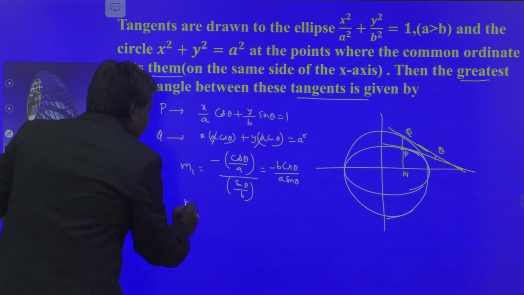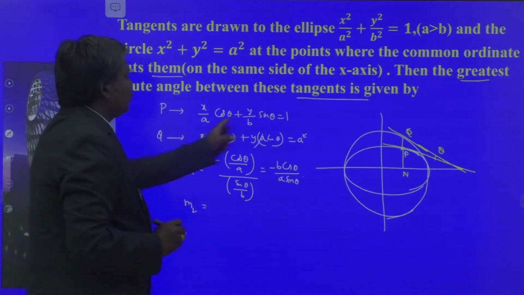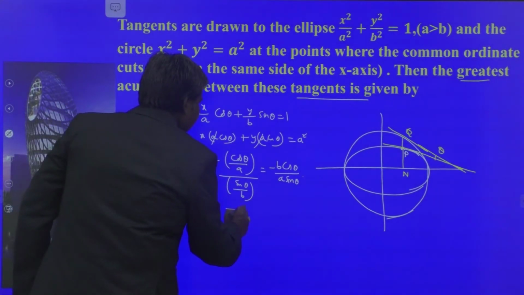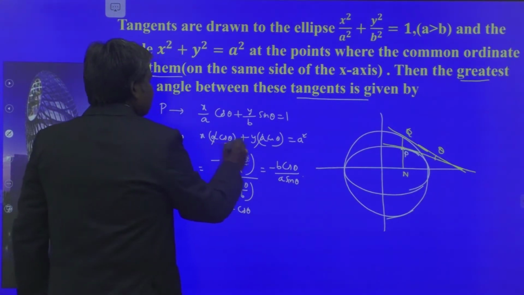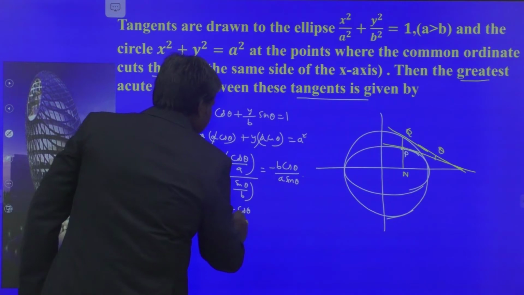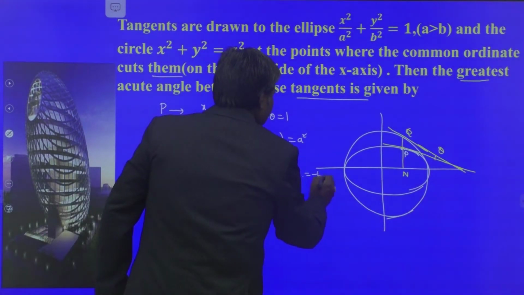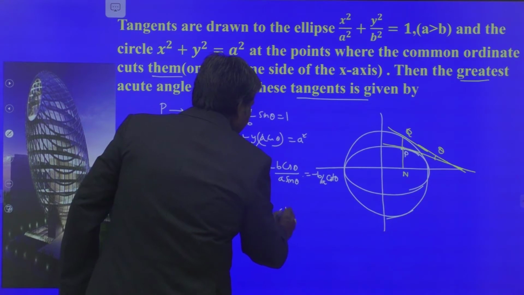Again we write the slope of the tangent to the circle at that point Q: minus x coefficient by y coefficient, that is minus cos theta by sin theta. This is minus cot theta.